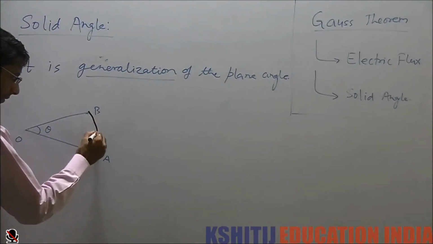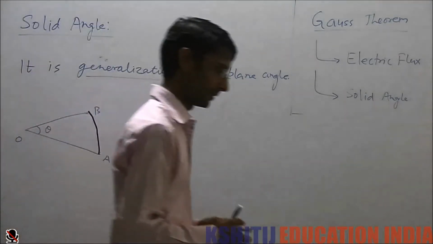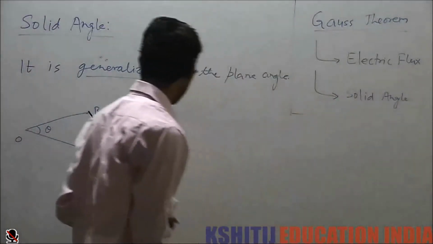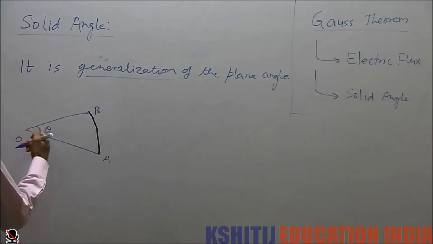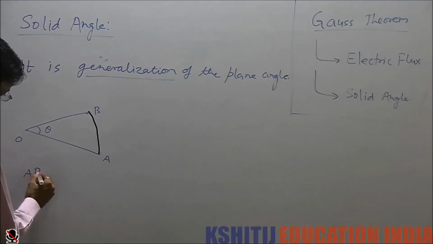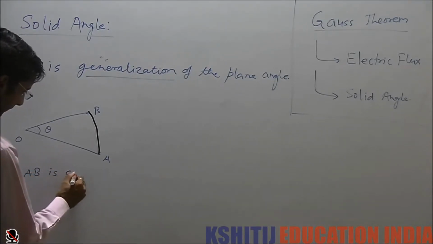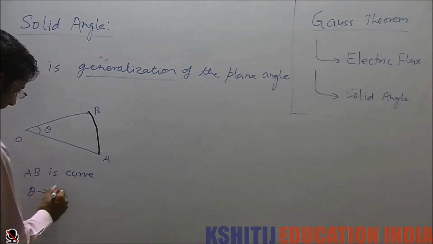So this was a curve AB, we have joined these two points, and this angle which we have got here is called the plane angle. So AB is a curve, and theta is the plane angle.